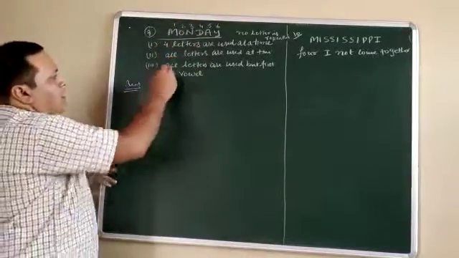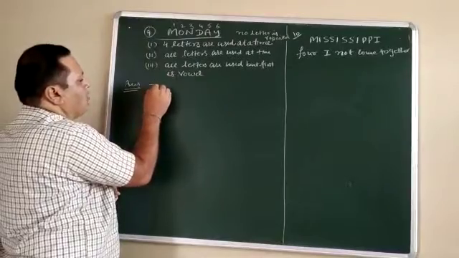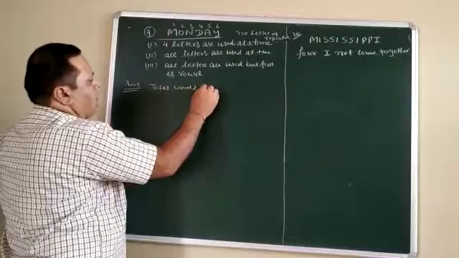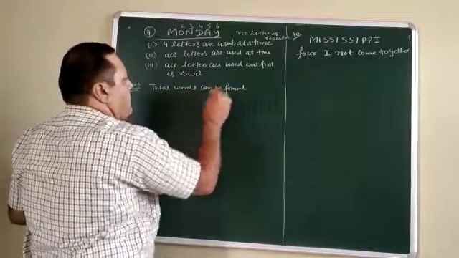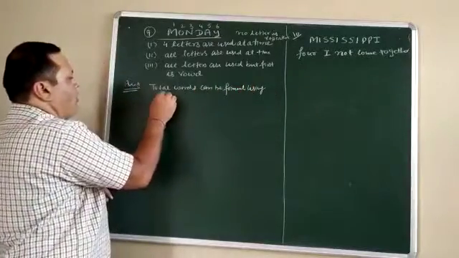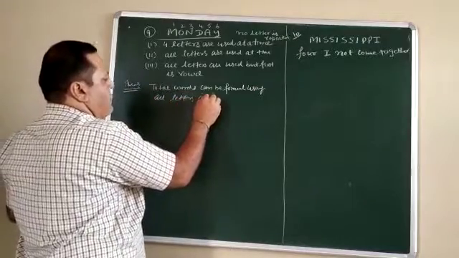So first part, how many total words can be formed using all letters at one time?